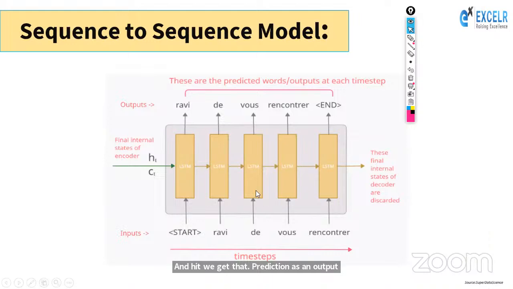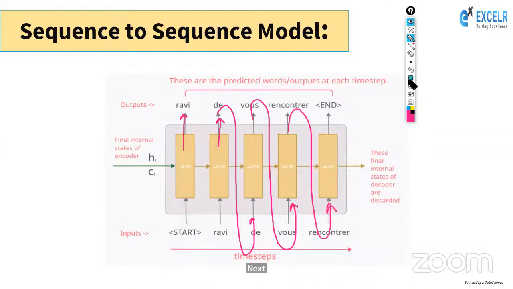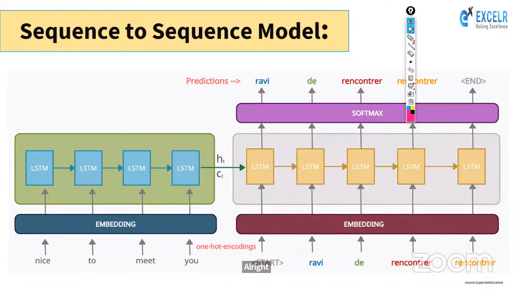In the decoder part, as I told you, whatever output is generated by each and every LSTM cell is the input to the next LSTM cell, right? And apart from that, since it is an LSTM cell, whatever hidden state and cell state are generated by each and every LSTM cell are also the input to the next LSTM cell, right? So this is the detailed graphical representation of the sequence to sequence model.